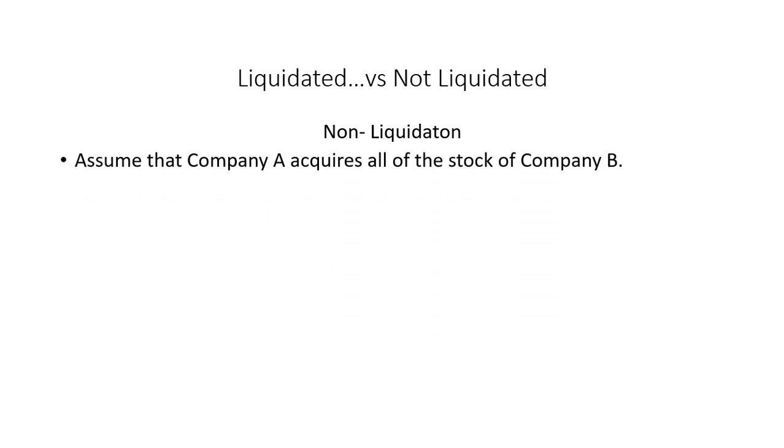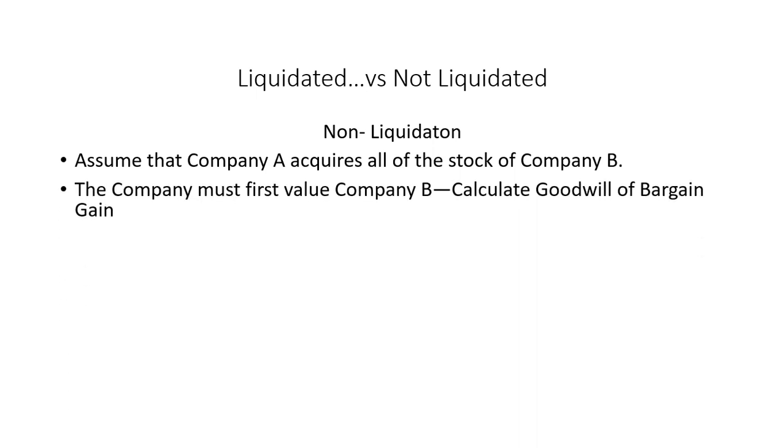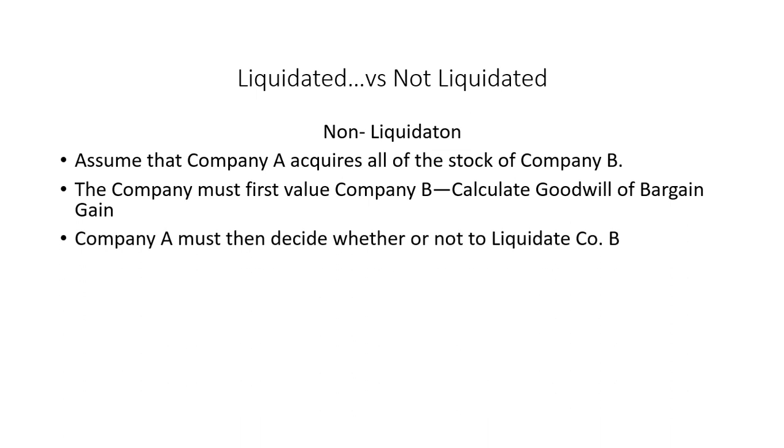Okay, so here are the steps. Assume that Company A acquires all the stock of Company B. That's the same step we had initially. Company A must first value Company B again, so you're going to have goodwill or a bargain gain. So far, everything looks the same. Company A must then decide whether or not to liquidate Company B. So far, the 3 steps have been the same. You acquire all the stock, you do a valuation of Company B and say, did we pay more or less?